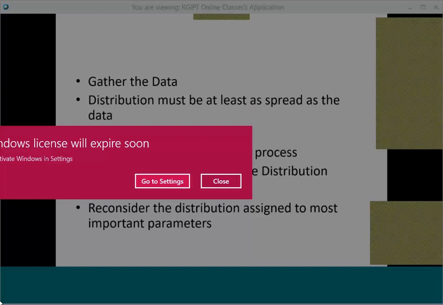Then evaluate the data, remember the physics of the process. Estimate the most reasonable distribution, calculate what is important, and reconsider the distribution assigned to the most important parameters. If you find that some distribution may have to be assigned differently, you do that.